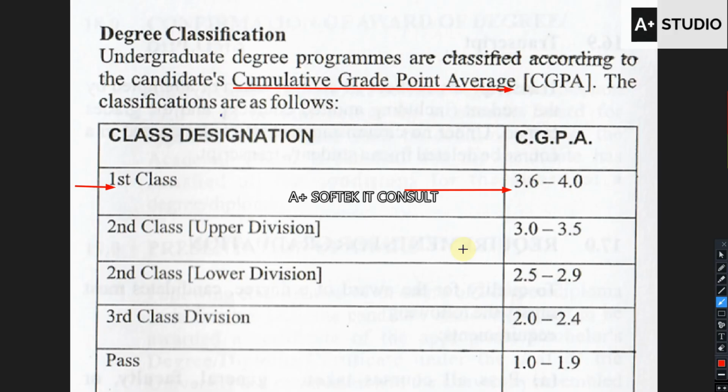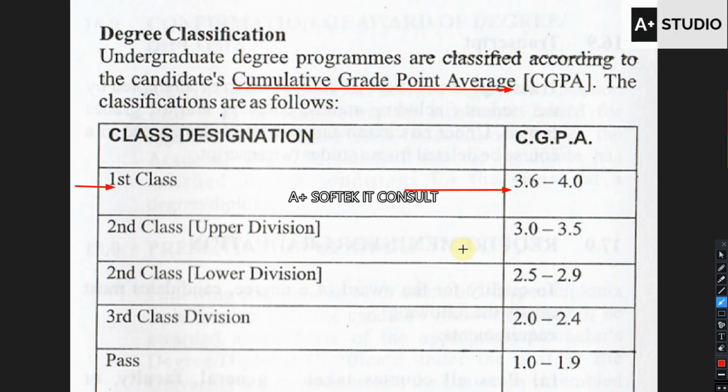Now, what is the cumulative grade point average? Before I explain that, I'm going to explain what GPA is. GPA is a value or grade point that shows the performance of a student within a semester, the points accumulated in courses within a semester.